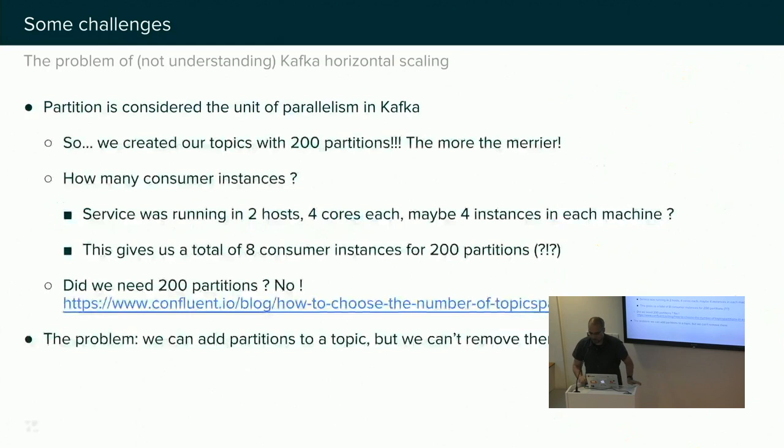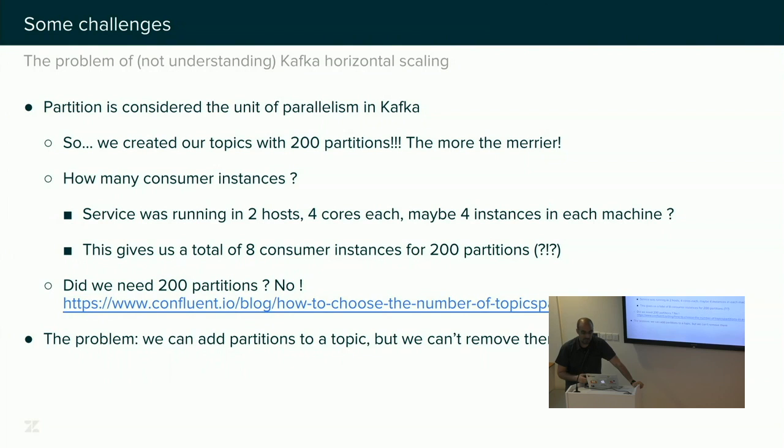So the first one is actually interesting, and it was driven by the fact that we didn't understand quite well the Kafka horizontal scaling. In the documentation, they very often say that the partition is considered the unit of parallelism in Kafka. So when we created our topics, we just thought, okay, let's go with 200 partitions.